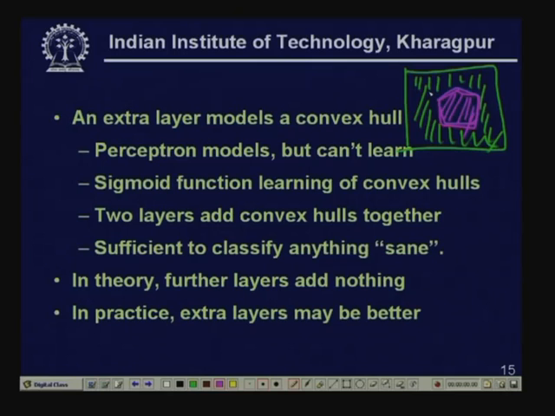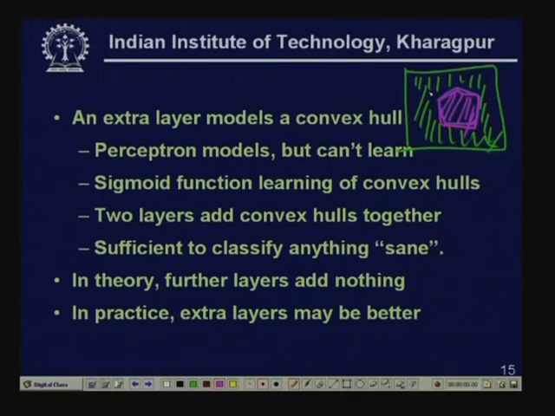Perceptrons, if we use a two-layered neural network comprising perceptrons, can model such learning problems. However, as we will see, perceptrons are not easy to learn using gradient descent. When we use a thresholding function, because the thresholding function is non-differentiable, we cannot use gradient descent.